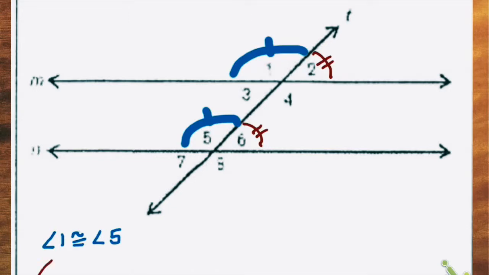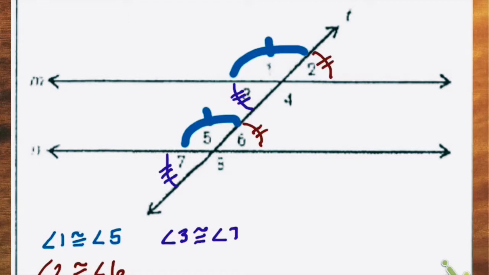So angle 2 is congruent to angle 6 because they are corresponding. Then again, I'm going to switch colors to another corresponding pair. Angle 3 is congruent to angle 7 because they are corresponding.